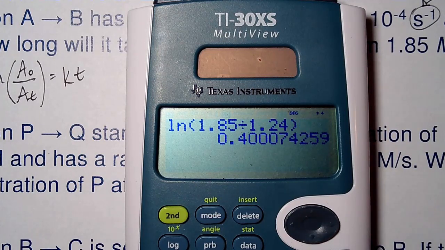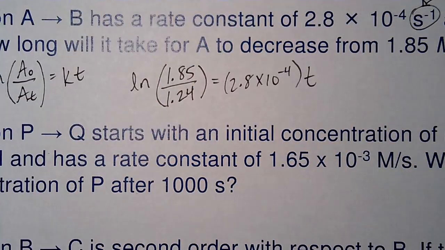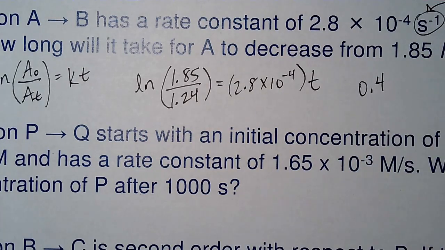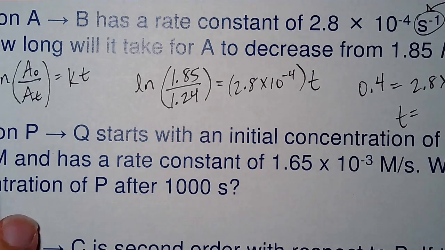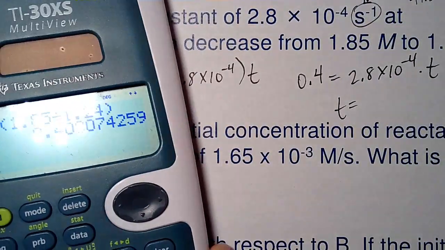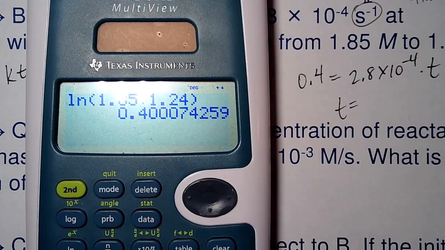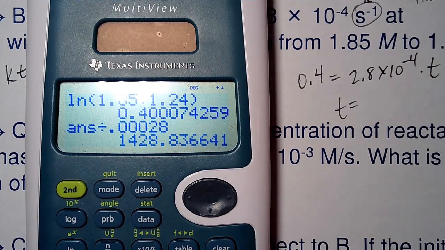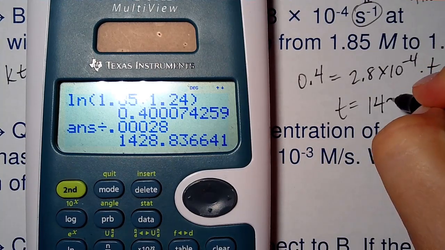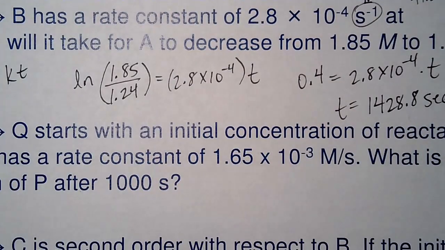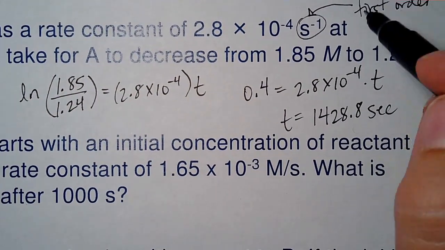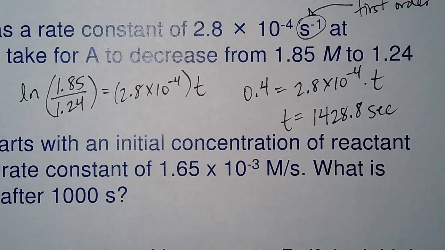So I get 0.4 for my ratio equals 2.8 times 10 to the minus 4 times T. So then I can divide in order to solve for T. So T is 1428.8, and this would be seconds. Okay, and the units for my time here are based on this 1 over S up here for my K. So it's measured in seconds.